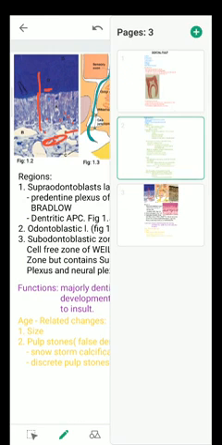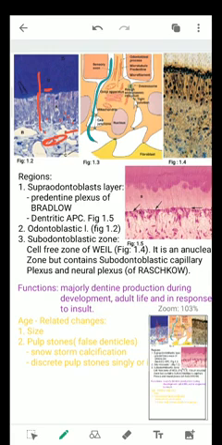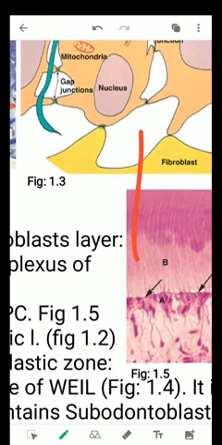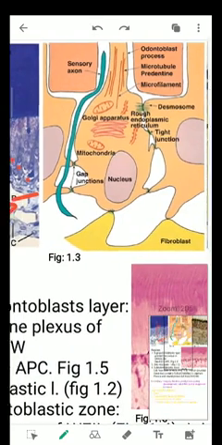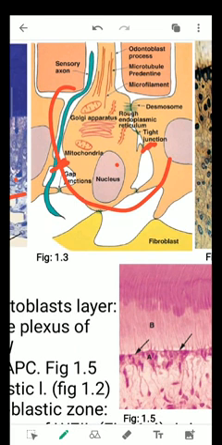Now, we have regions. Okay, this is the structure of your odontoblast cell right here. This is our cell. We have gap junctions all around. We have the nucleus right here. We have all these organelles, and then this is your process.